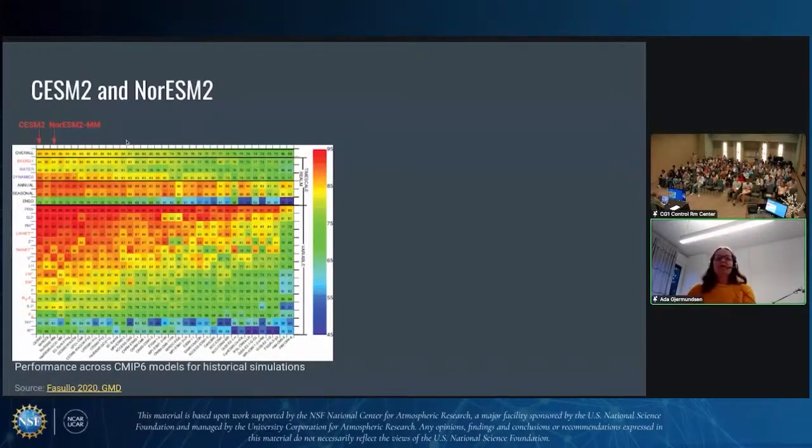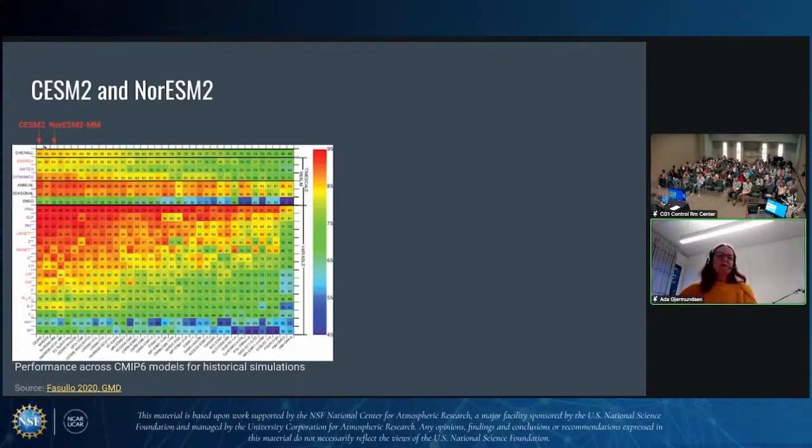If you compare the CMIP6 versions, CESM2 and NorESM2, this figure was shown by Dave earlier this morning. This is from the Fasullo paper. It shows performance for the CMIP6 models on pattern correlation for different radiation and heat variables.